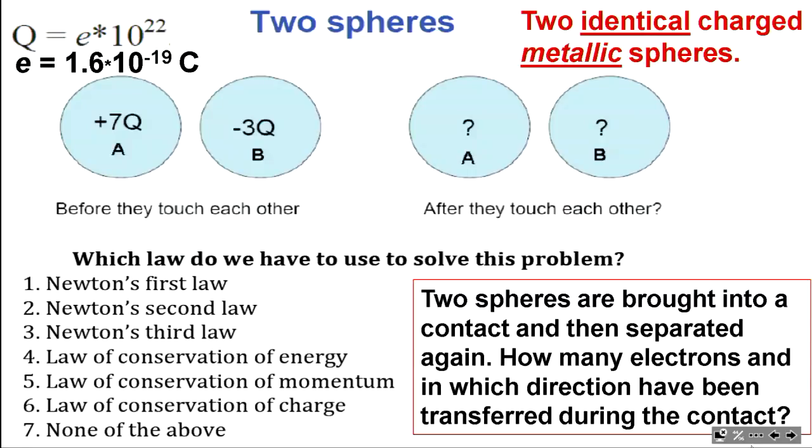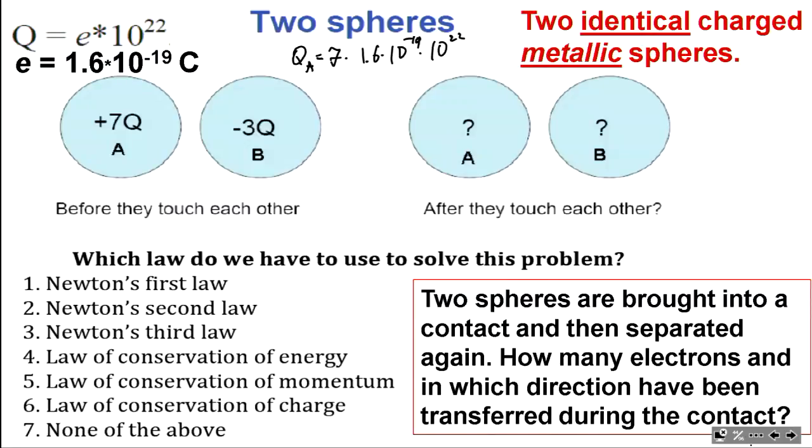So now let's just solve a specific problem. Metallic spheres, conductive spheres, identical spheres, both have been charged. We can calculate the charge because we know the conversion factor. For example, the charge of the sphere on the left will be equal to 7 times 1.6 times 10 to the negative 19th times 10 to the 22nd.